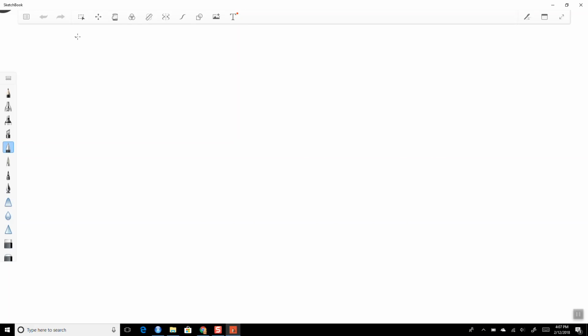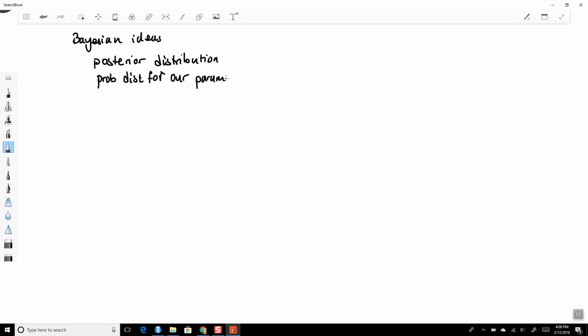So we have more Bayesian ideas. All right, and we said the posterior distribution, okay, this is a probability distribution of our parameter based on the data, right? Given the data, right? So probability distribution for our parameter based on observed data.